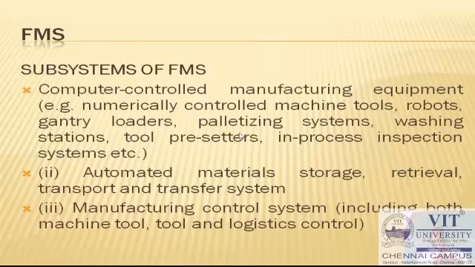Suppose you want to generate a different variety of component. You have the facilities, but you need to modify the workflow accordingly. Otherwise, you can't manufacture the component effectively, or you can't produce the component within the time. So the flexible manufacturing system gives you the flexibility to arrange your workshop or your machines according to your requirement.